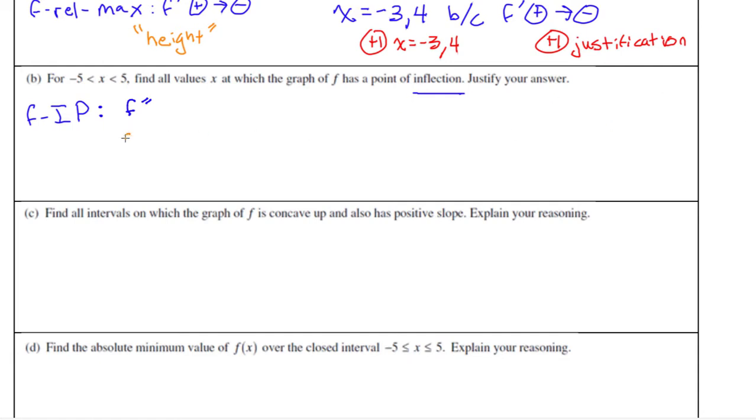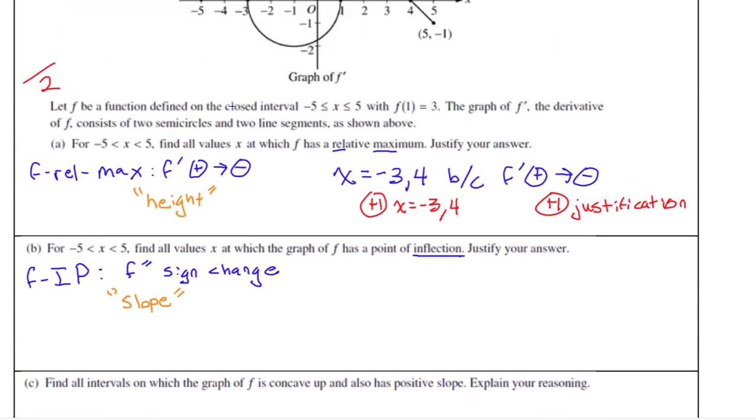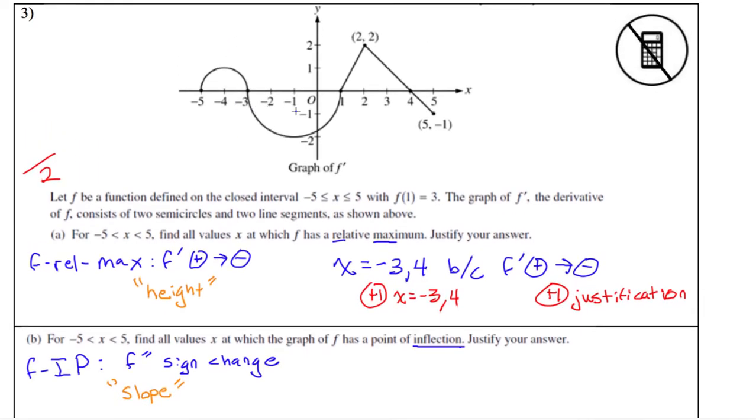You're correct. So we need a slope sign change. So we're coming back up here to this graph of f prime. On the graph of f prime, f double prime is slope. So our slope is positive, positive, positive, up, negative, negative, negative, negative, negative. Technically negative infinity probably there.